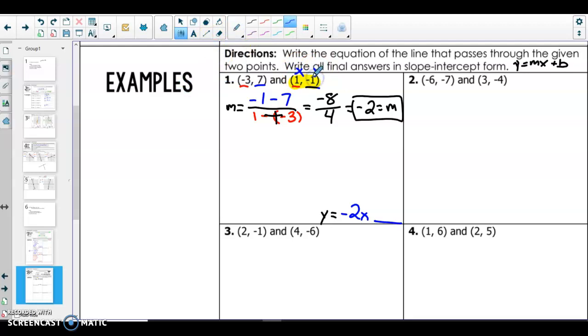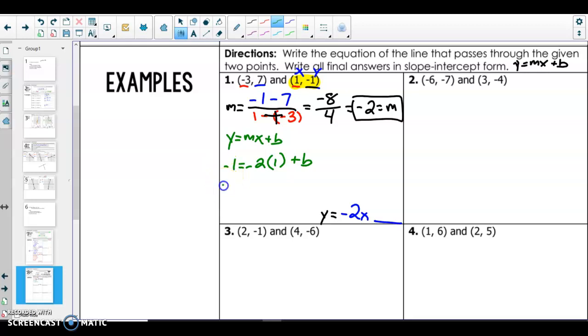X and y. Let me get a different color here. Let's go ahead and plug this into our old friend, y equals m x plus b. Cool. Our y value is -1. -1 is equal to m, which is -2, times x, which is +1, plus our big mystery man b.